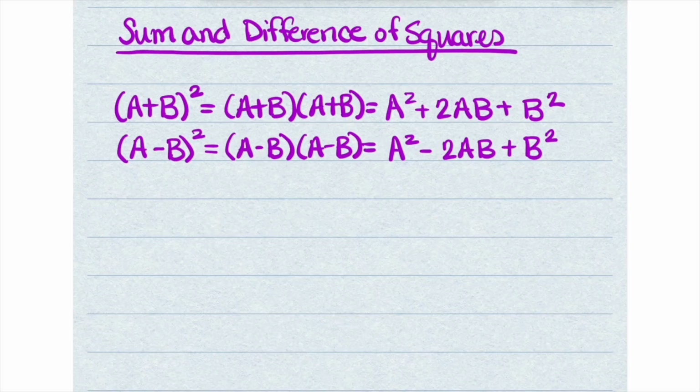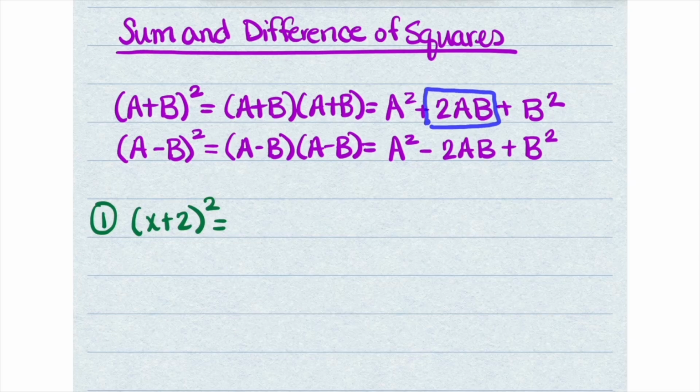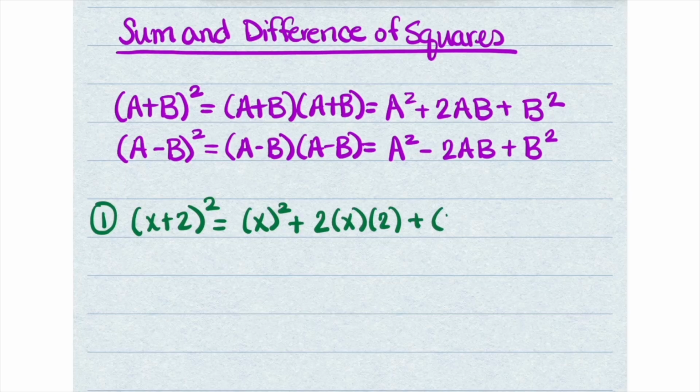So let's look at an example. If you have x plus 2 squared, the property says square the first term, 2 times the first term and the second term, and then square the last term. Because it's a plus, this is going to be x squared plus 2 times x times 2 plus 2 squared.